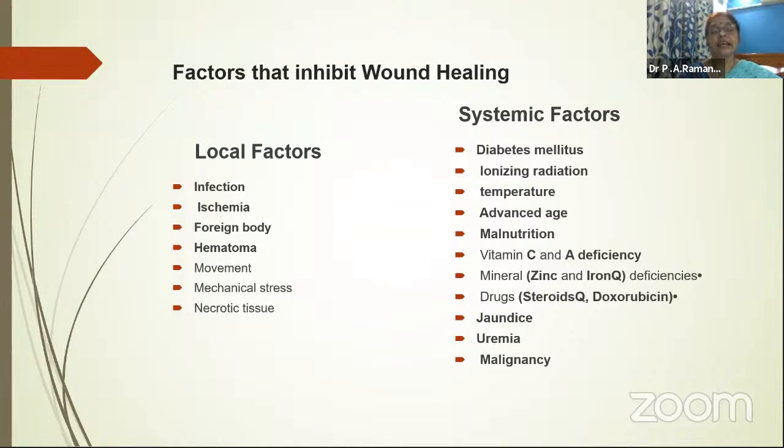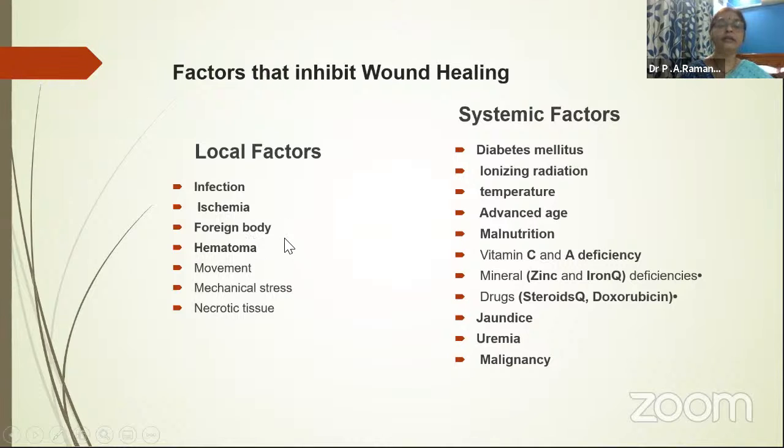Suppose a leg ulcer is there with an ischemic limb, where the blood vessels are obliterated; the wound will not heal, because blood carries the macrophages, platelets, and all into the wound. If they do not come, fibroblast regeneration and proliferation do not occur. And then the presence of a foreign body.